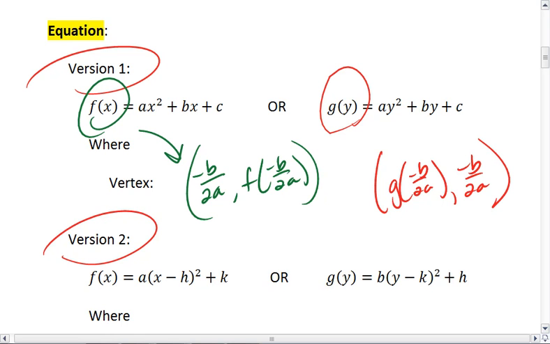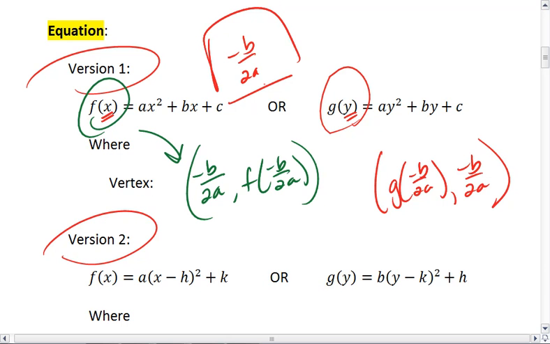The important thing to realize is whatever your input is, the value of that variable for the vertex is negative b over 2a. And then we can just plug it into our equation to solve for the other variable.